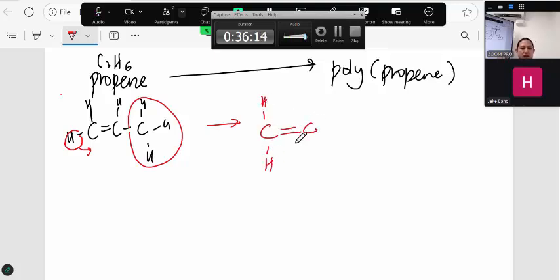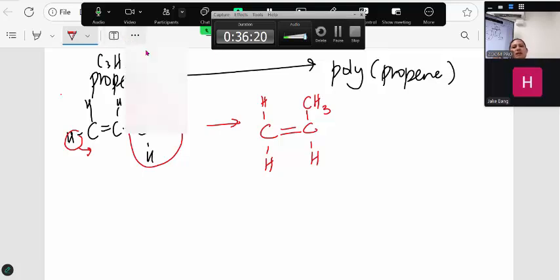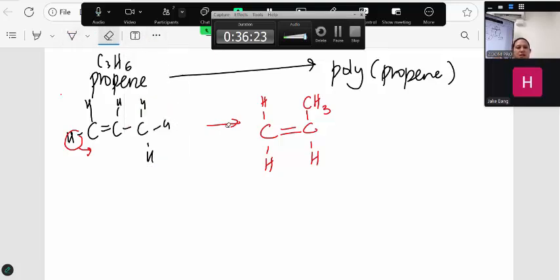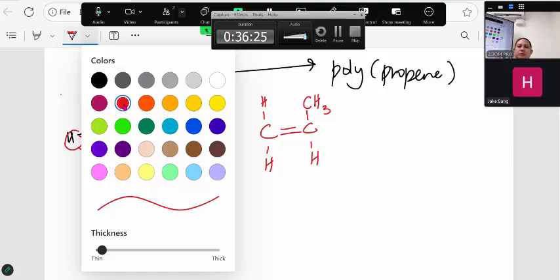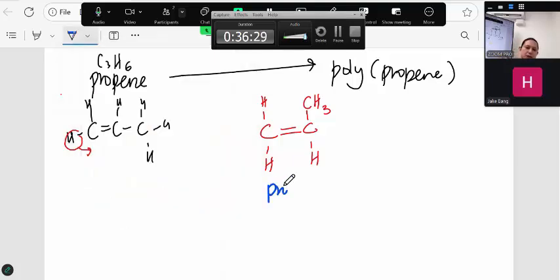H, H, CH3, H. Is this still propene? Yes, no? Hello? Yes, this is still propene. But the sides are empty. This is what we want. The sides are empty.